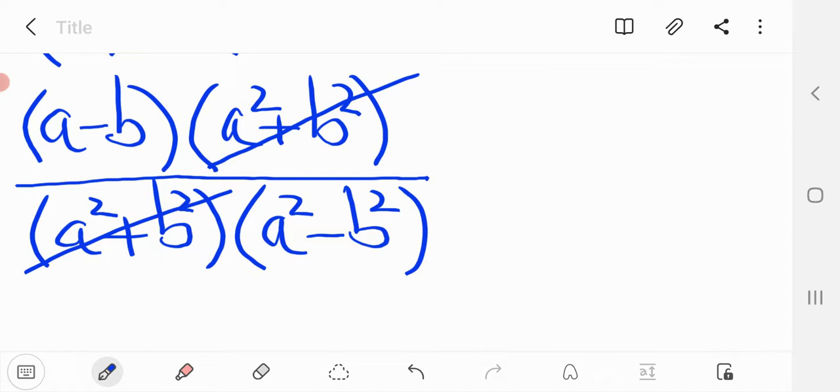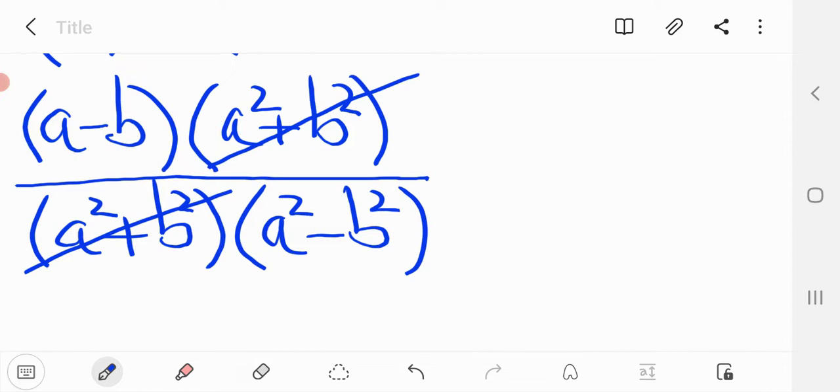As I explained earlier, in this question on the left side of the division sign we are having two formulas, one in numerator and one in denominator, but on the right side of the division sign there is no formula, only two quadratic factors are written which are available in the left side algebraic fraction.